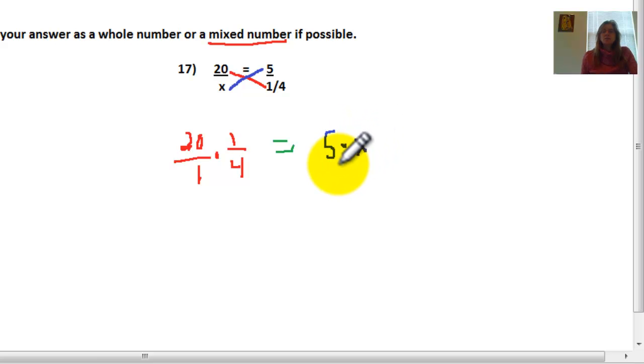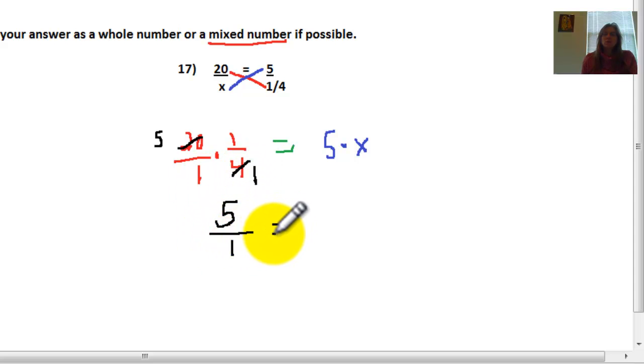Okay, let's not divide by 5 yet until we get this simplified. In this situation, we can cross cancel. So 4 divided by 4 is 1, 4 into 20 is 5, and all that is like reducing a fraction, but on the diagonal. So then we multiply 5 times 1, which is 5. We have a numerator of 5, 1 times 1 on the bottom, so it's 5 over 1 equals 5x.